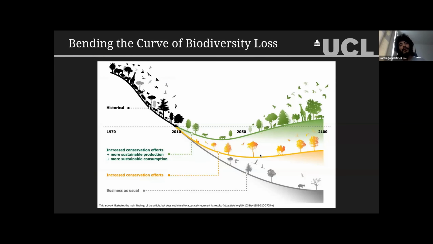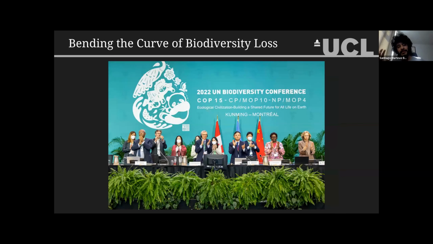So the changes I saw during my early years in Mexico are actually not just regional to Mexico. Unfortunately, it is a global trend that we are seeing huge or very important biodiversity declines across many different species, many different ecosystems. And this alarming trend hasn't gone unnoticed.